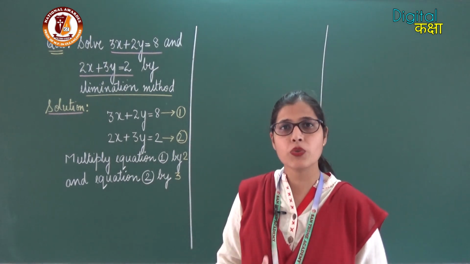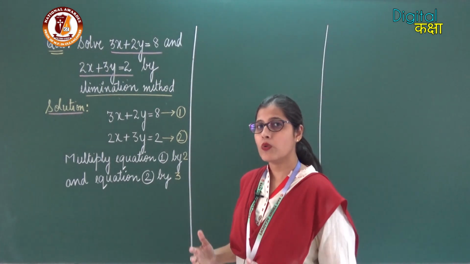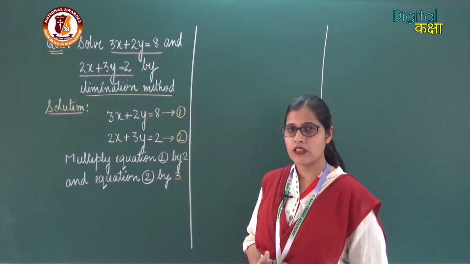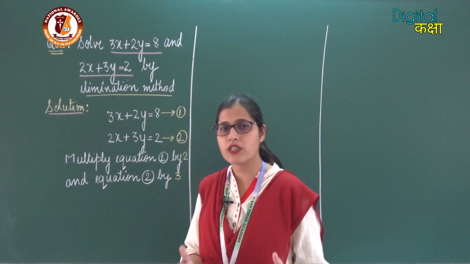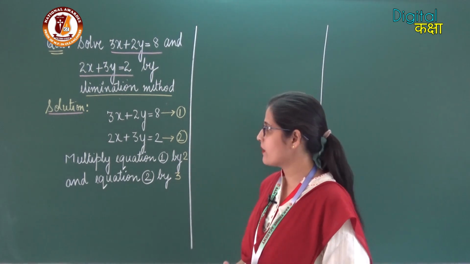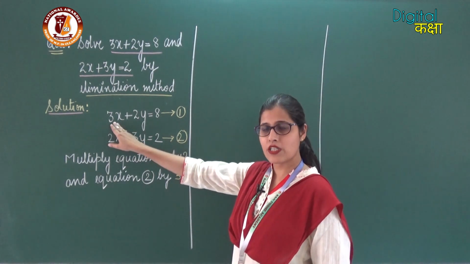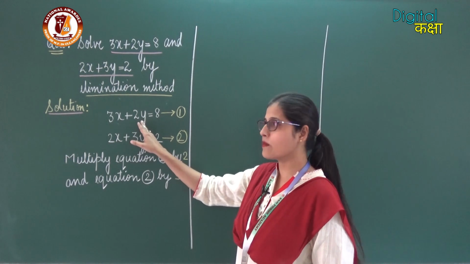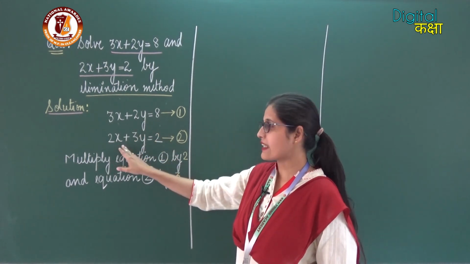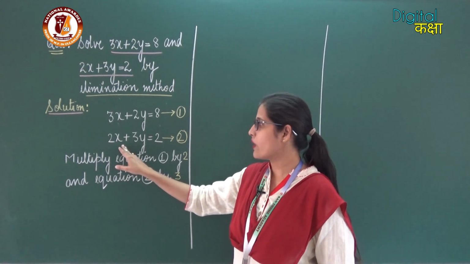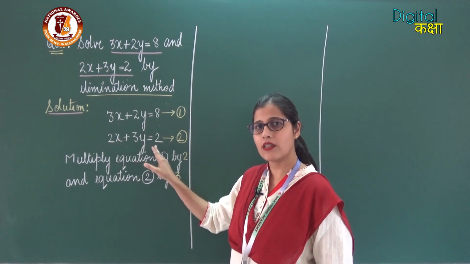Since we have two equations, we will rewrite them and mark them as equation 1 and equation 2 respectively. The first equation is 3x plus 2y equals 8 and the second equation is 2x plus 3y equals 2.